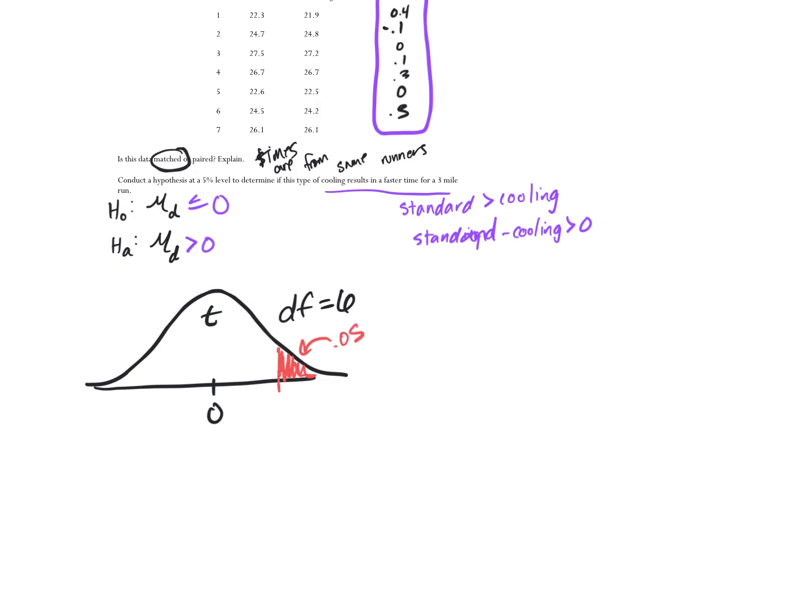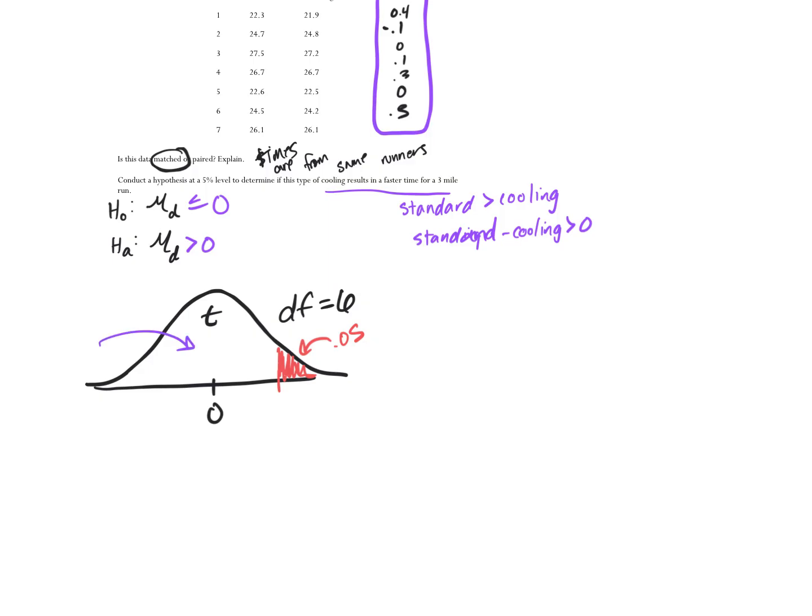How would I find my critical value? Inverse t. When I go to inverse t, the first thing my calculator asks me for is an area. What area do I give my calculator? Here's a hint. It's not 0.05. Remember, inverse t only thinks in left-hand area. Okay?